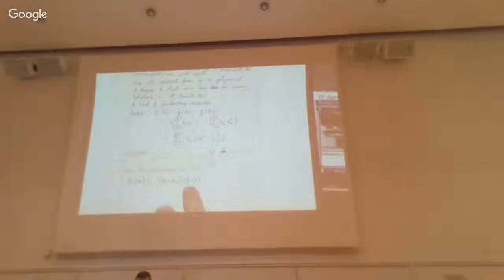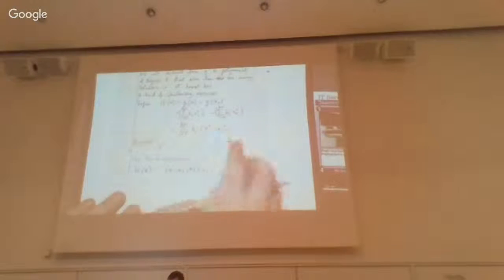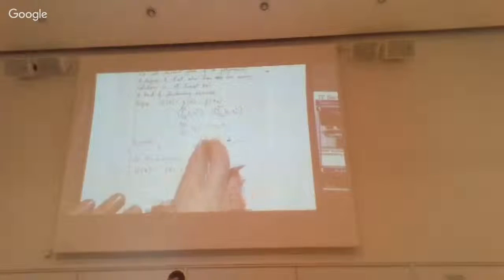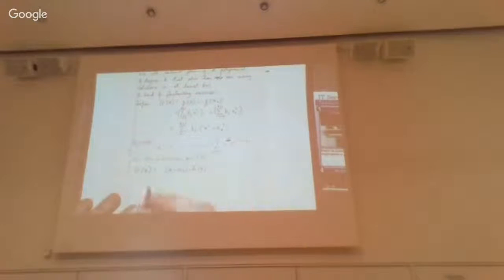So the h of x is the summation of the b_i times this summation over all possible values of I. Okay? It's just all the stuff that's left behind when you take the factor x minus x naught out of each of those terms there. But I just need to record a few things about it.